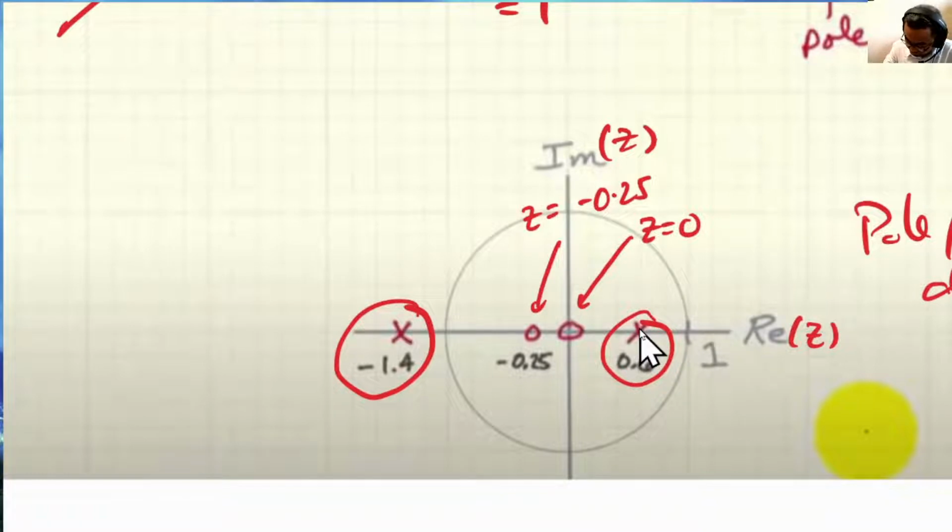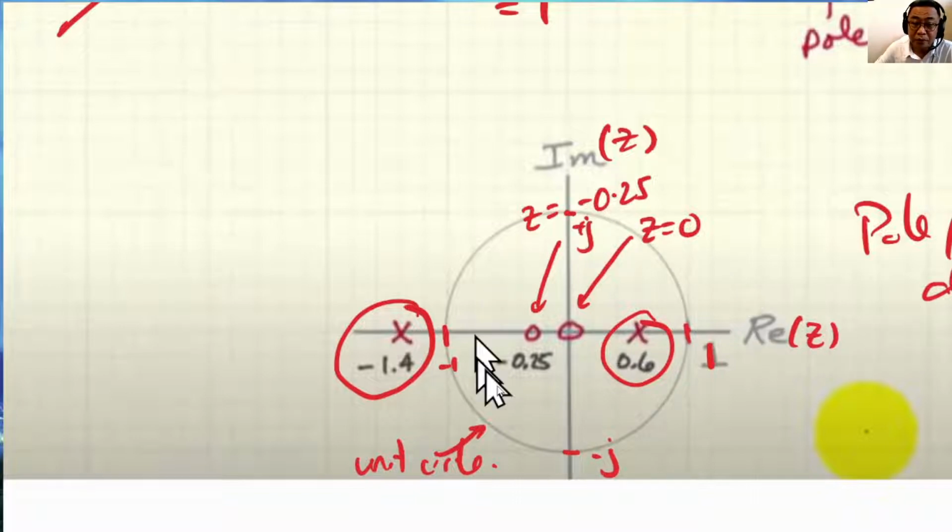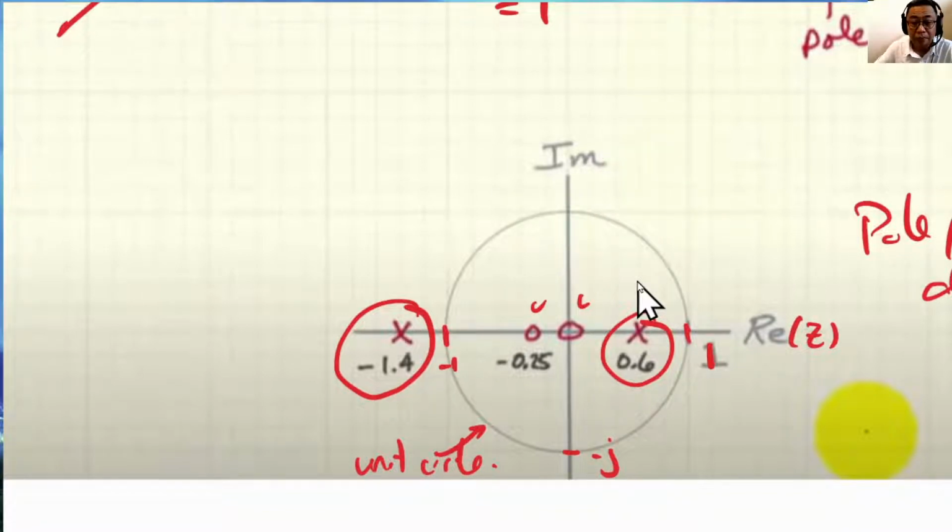We also draw the unit circle, which is the circle of radius 1. So this is minus 1 here, this is plus 1 here, on the bottom is minus j, and on the top is plus j. So we draw the unit circle, followed by the poles and zeros.